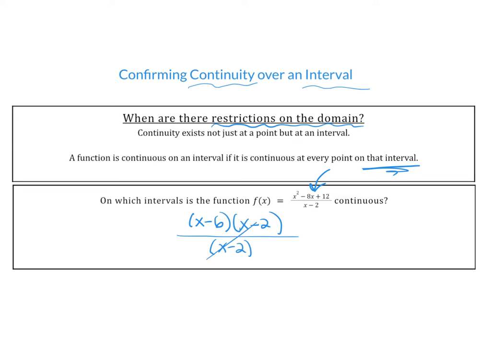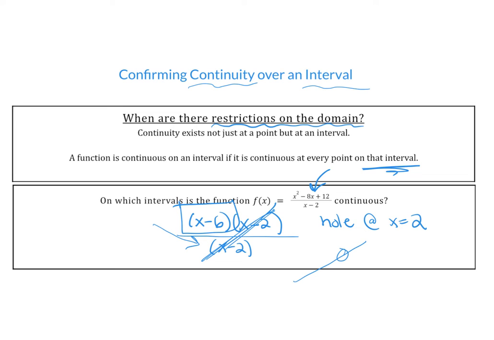So when that happens, this cancels, so that creates a hole at x equals 2. After these cancel, there's nothing left over in the denominator, and I'm left with this. That is a continuous function, but there's just that hole at x equals 2.